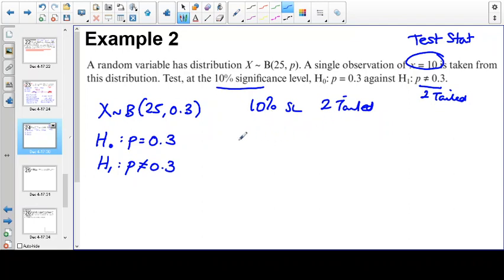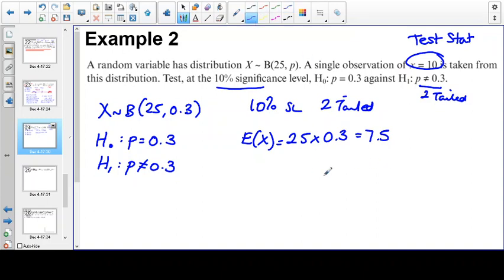Okay, so if we work out the expected, it's going to be 25 times 0.3, which is 7.5. So our test statistic is bigger now than the expected.